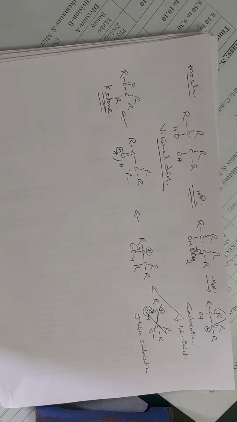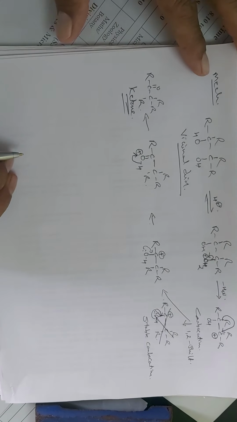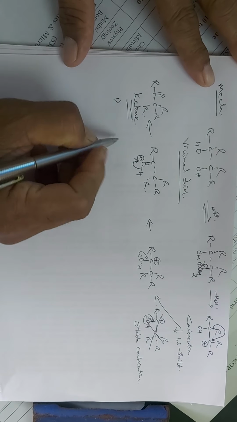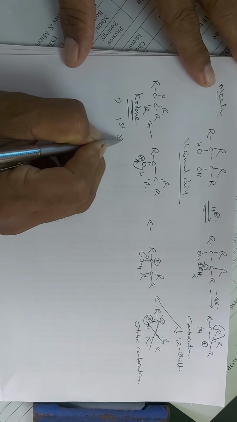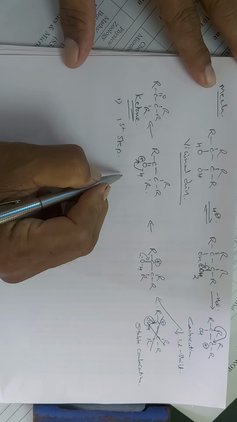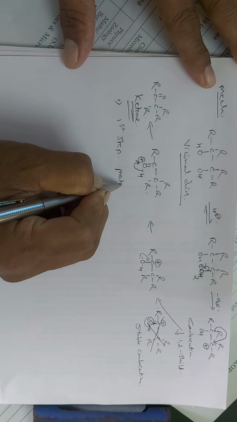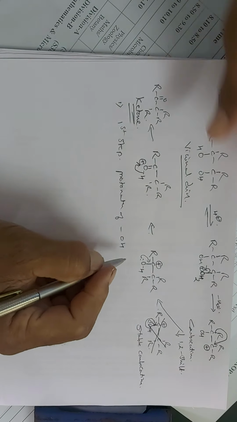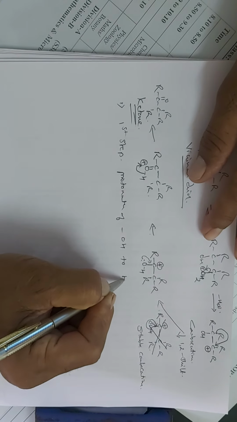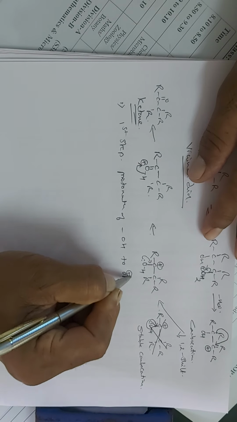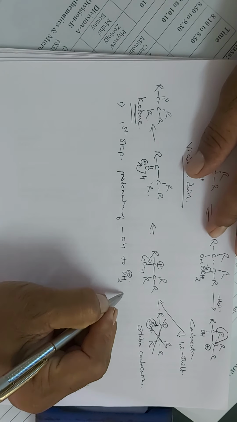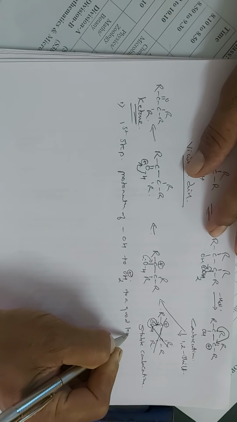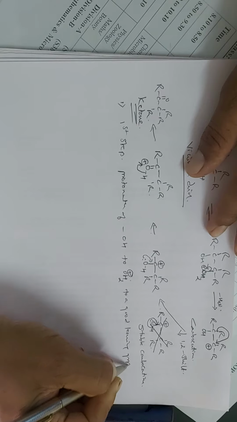Now, what are the first things that we have seen? Here are the main important points. In the first step, protonation of OH to OH2 plus, to a good leaving group, means a bad leaving group is converted to a good leaving group.